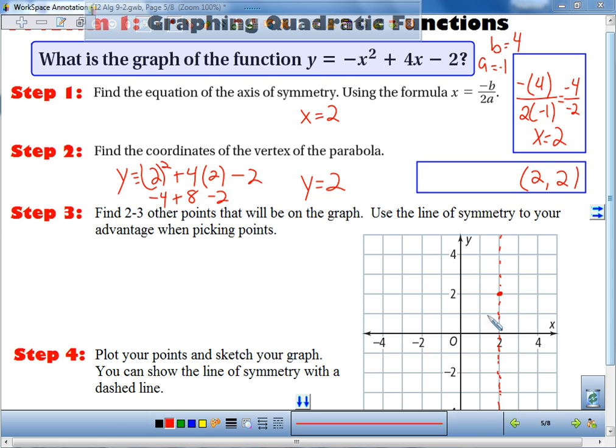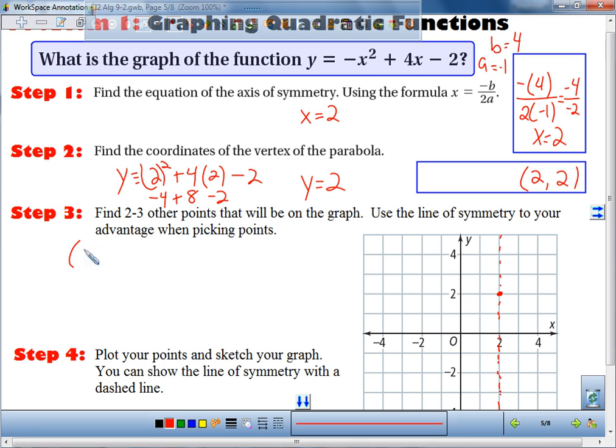I'm going to choose 2 points that are smaller than 2 or 2 points larger than 2. 1 or 0, 3 or 4. 1 and 0 are a lot easier to do math with, so I'm going to choose 1 and 0, and I'm going to put those into the equation and solve.